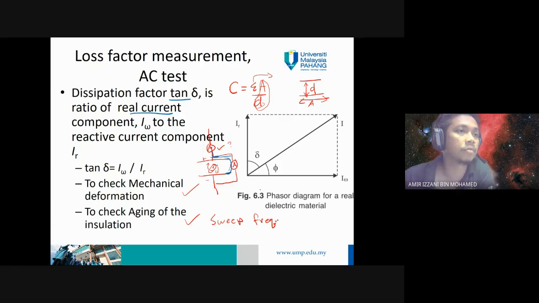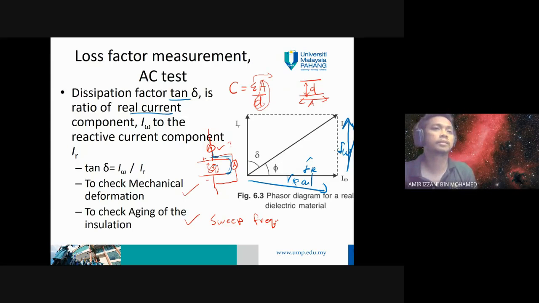So in phasor we have a real component here and the reactive component here. So the tan between this one, this is I omega, the reactive component, and the real component here, IR.